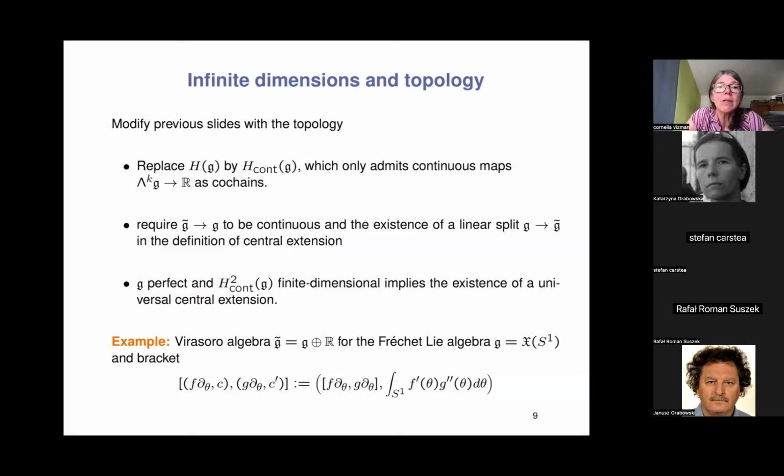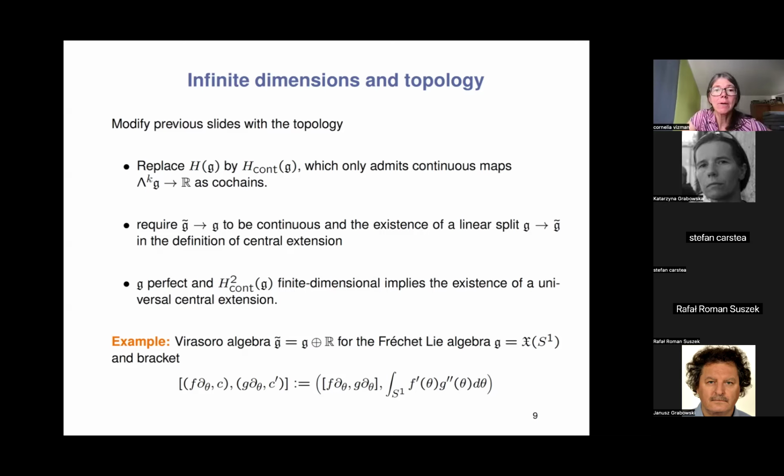So this is what we require. We require that all the cochains are continuous. And so I will denote the cohomology as H continuous of G.